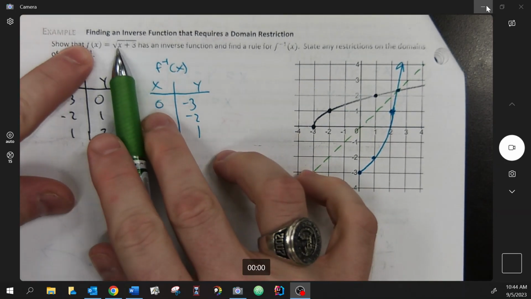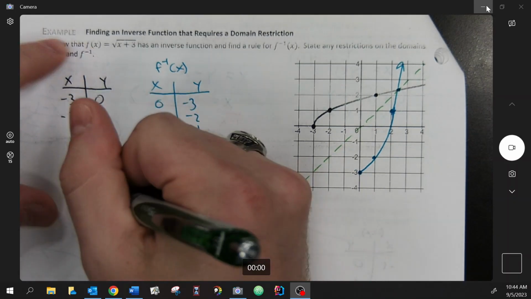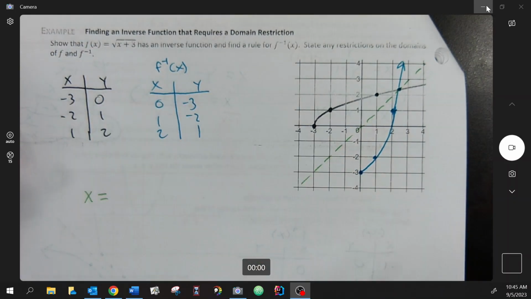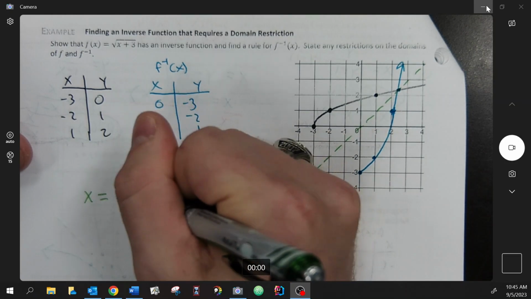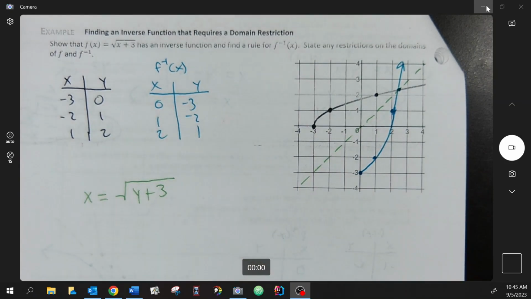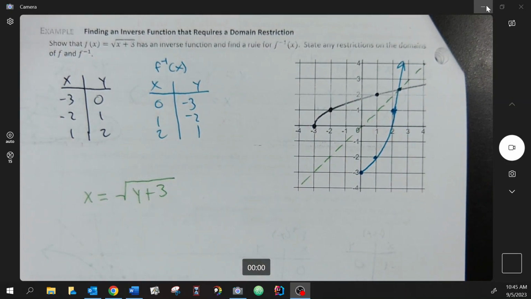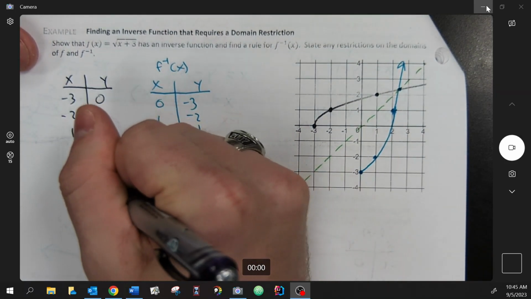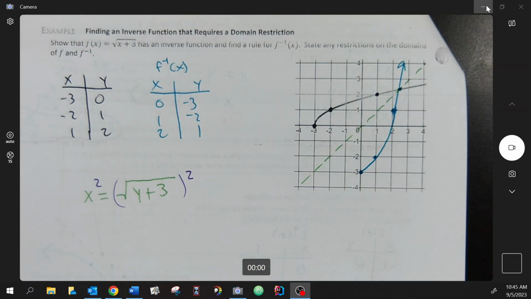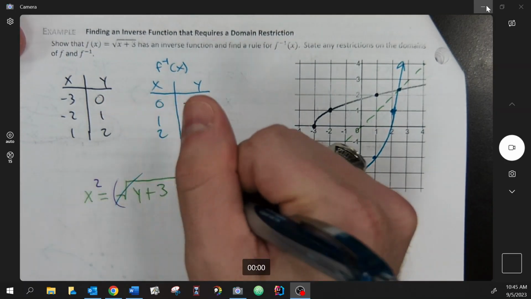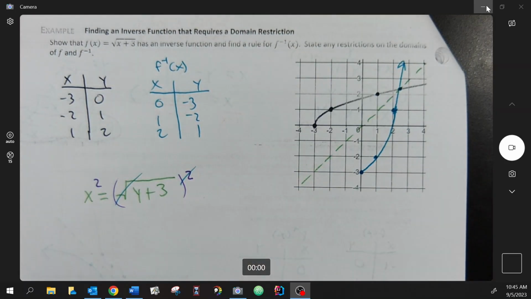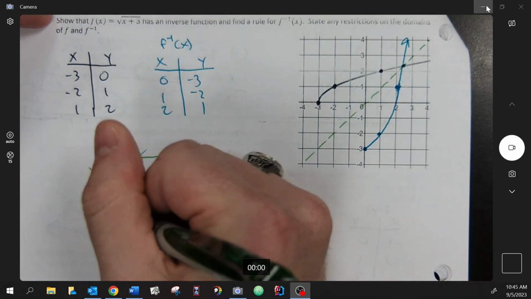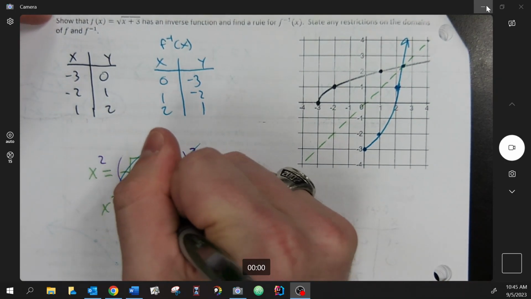I'm going to switch this x and this y. x equals square root of y plus 3. Trying to get y by itself, what's the first thing I need to do? I have to square both sides because I'm trying to cancel a square root. Those two structures cancel each other, leaving me with x squared equals y plus 3.